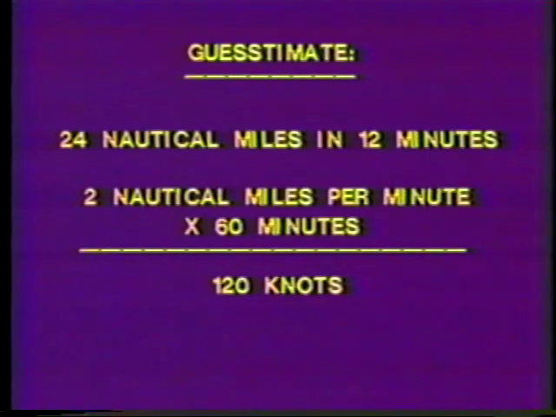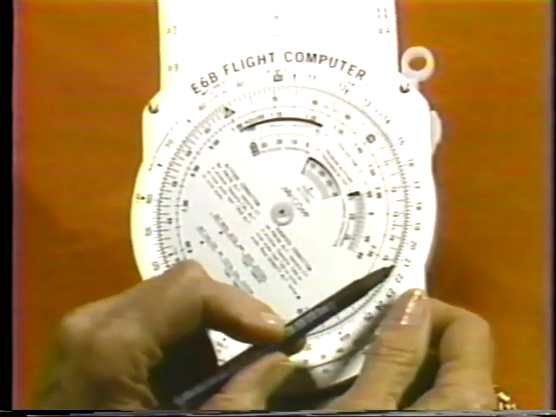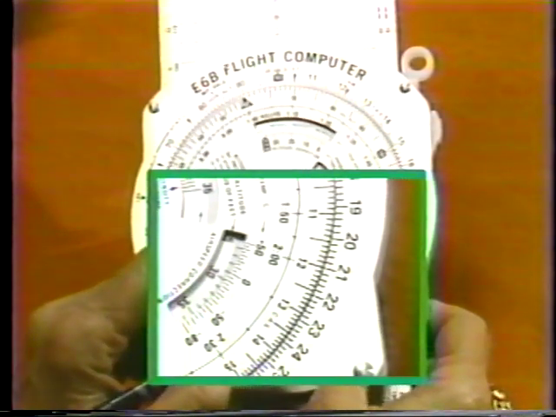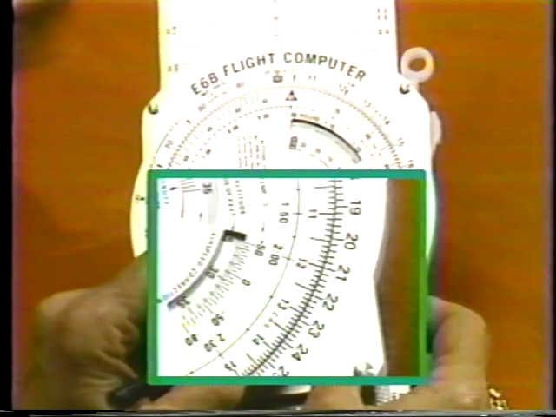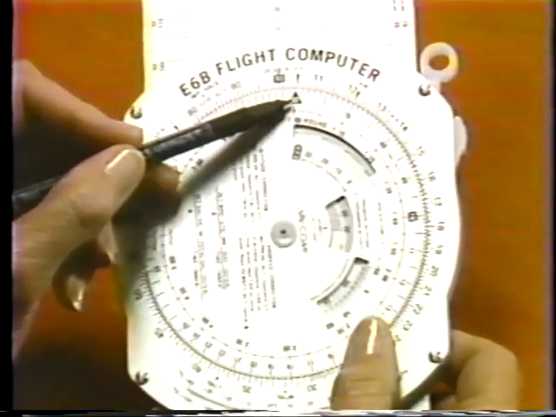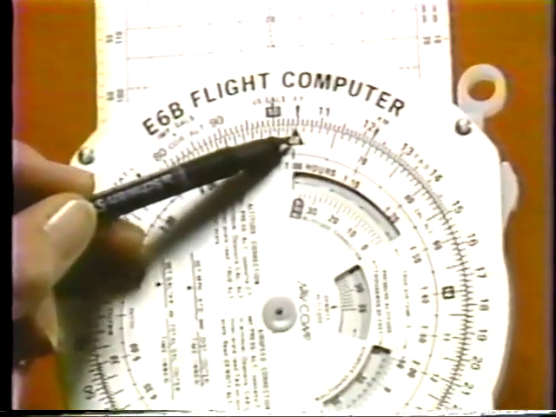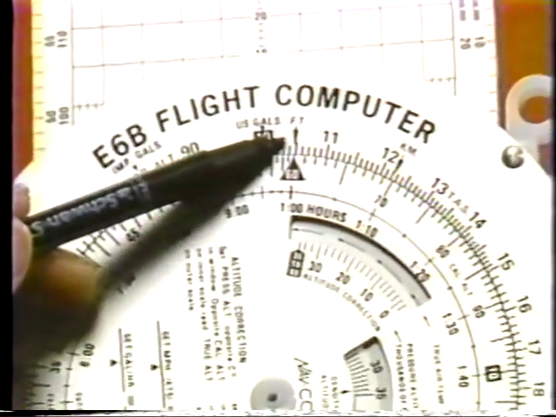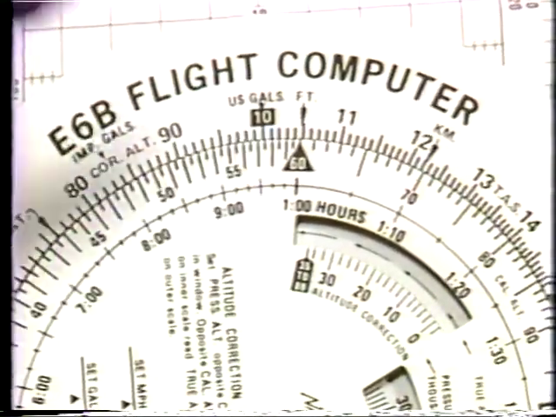Now let's solve this problem. First, set 21 nautical miles on the A scale over 12 minutes on the B scale. Using the rate arrow located on the B scale, read the answer 105 on the A scale. Our speed is 105 knots.